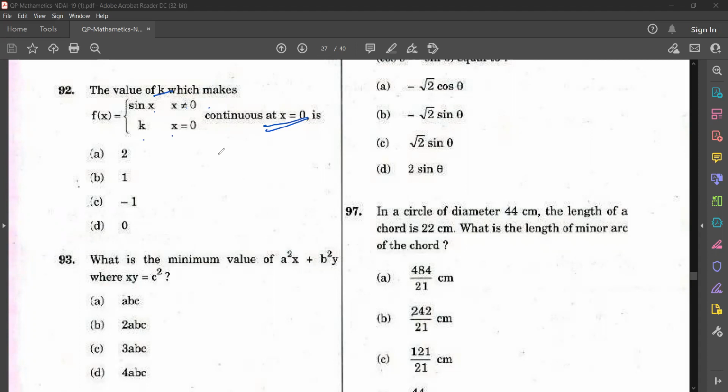Have you got the answer? Please comment it. Did you get k as 0? How will you do this?